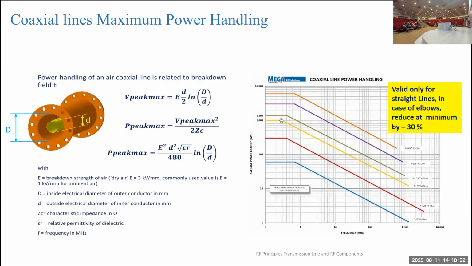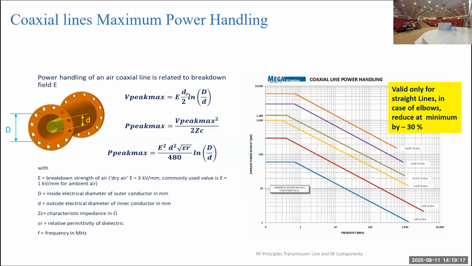Here the formula defines the power carrying capacity of these coaxial lines. The peak power which can be carried by these lines is defined by these dimensions, their ratio, and small d.